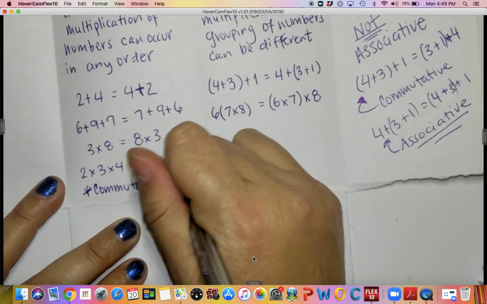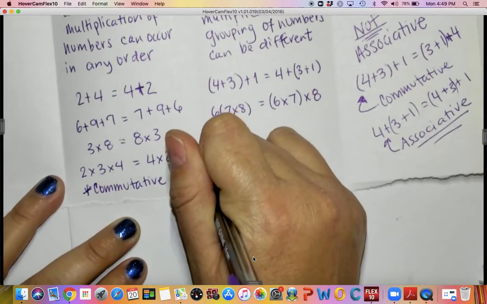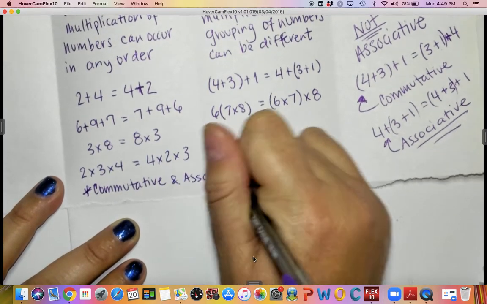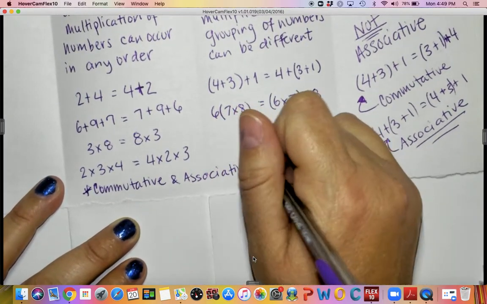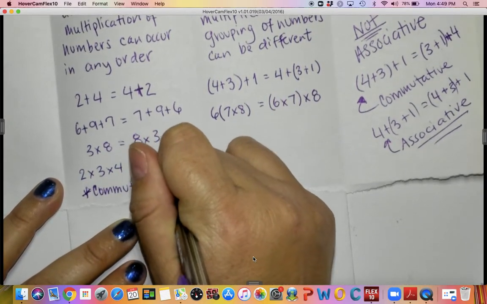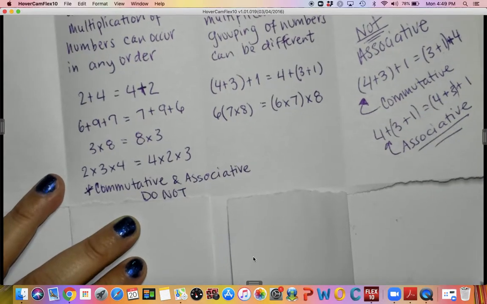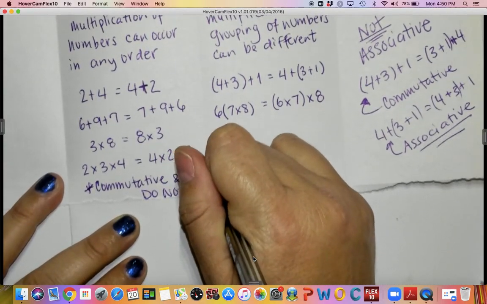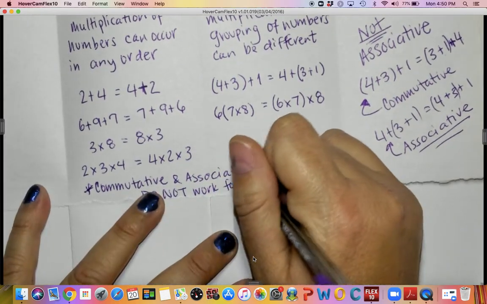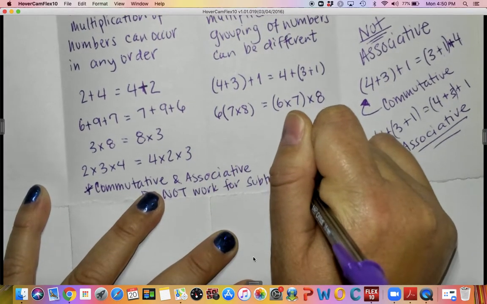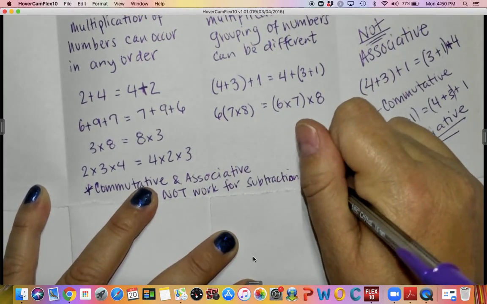Commutative and associative do not work for subtraction and division.